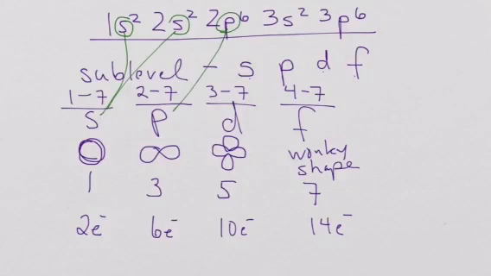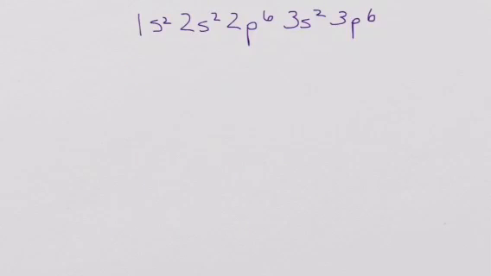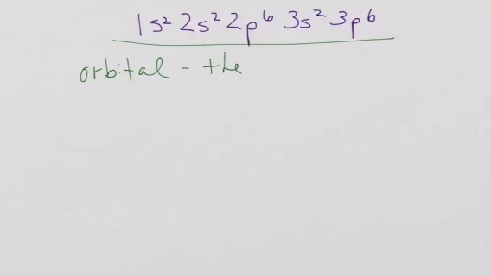Okay? All right. The third quantum number is, we can think of it as the actual orbital. Because before we said the actual space, or think maybe bunk bed.